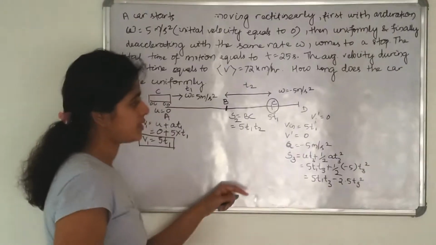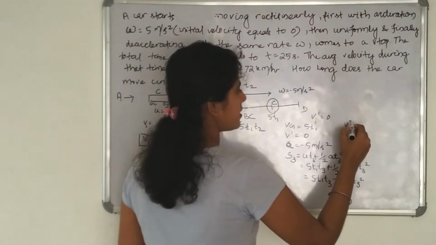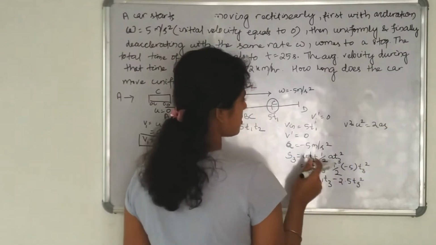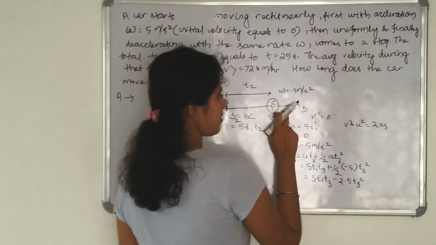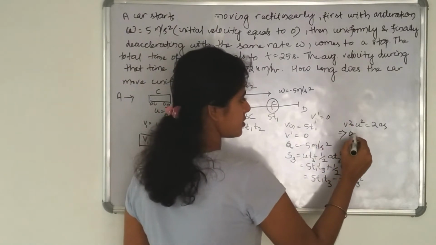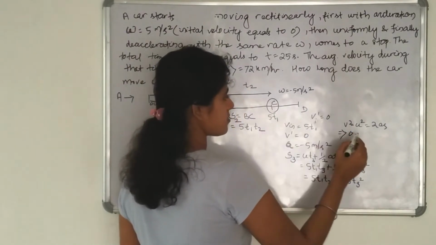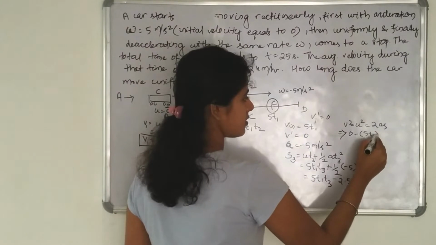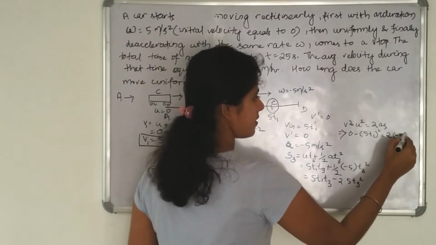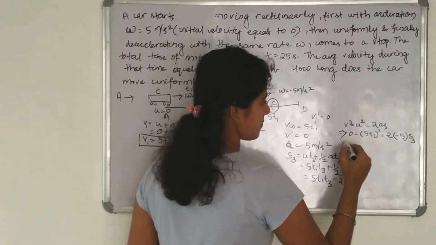We also know that V square minus U square is equal to 2AS. If we put this equation for this case, V is the final velocity which is 0, minus U, the initial velocity, which is 5 T1, squared, equal to 2 into A, which is minus 5, and S, here S3.